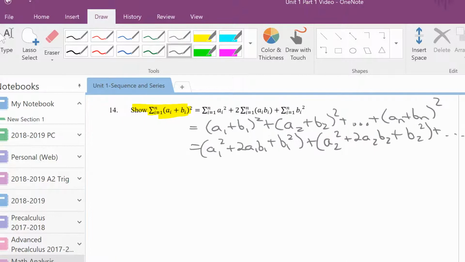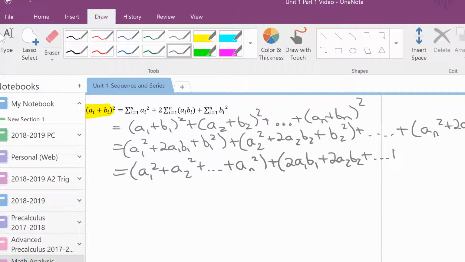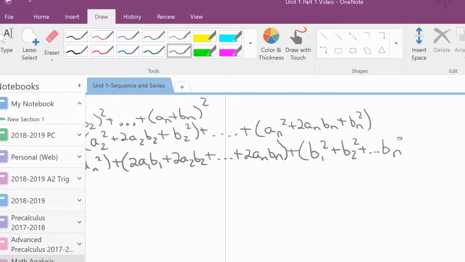All right, so then if you combine like terms, you have a sub 1 squared plus a sub 2 squared plus, and so on, plus a sub n squared, plus 2 a sub 1 b sub 1 plus 2 a sub 2 b sub 2 plus, and so on, plus 2 a sub n b sub n, plus b sub 1 squared plus b sub 2 squared plus, all the way to b sub n squared.